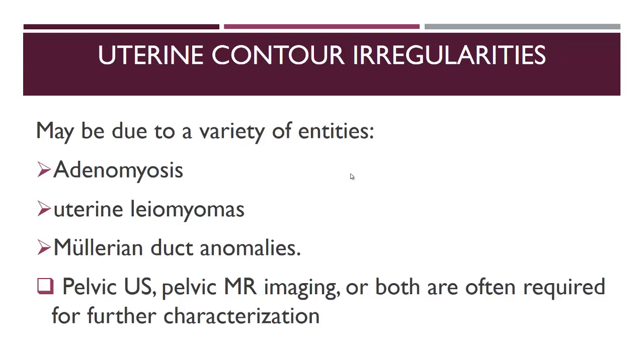When you find irregularity of the uterine contour, we should suspect adenomyosis, uterine leiomyomas, or Mullerian duct anomalies. So these three will cause uterine contour irregularity: adenomyosis, uterine leiomyomas, and Mullerian duct anomalies. Pelvic ultrasound and pelvic MRI or both are often required for further characterization.